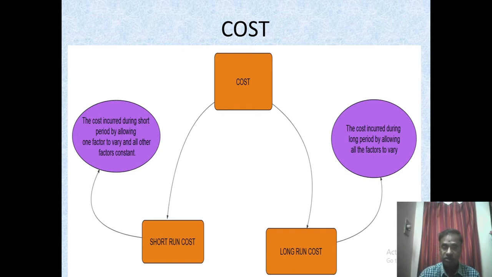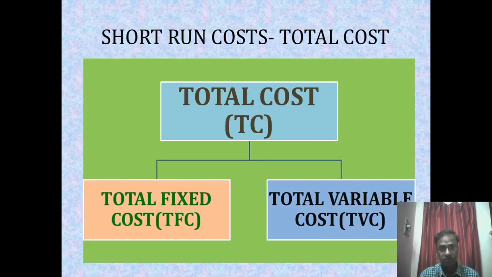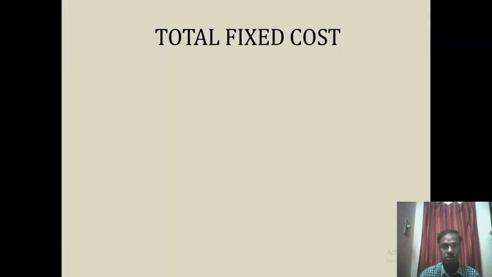So in our syllabus, we have only short run costs. Firstly, the short run cost, total costs. Total cost is divided into total fixed cost and total variable cost, or the sum of total fixed cost and total variable cost is equal to total cost.